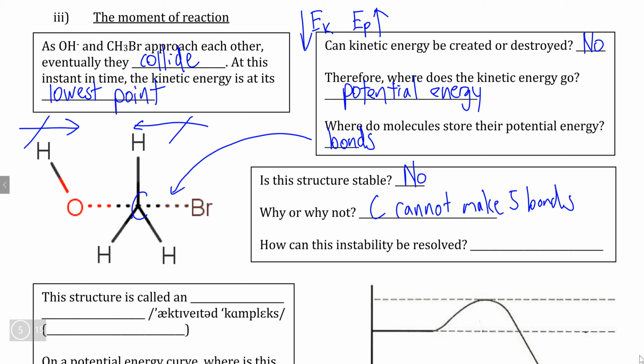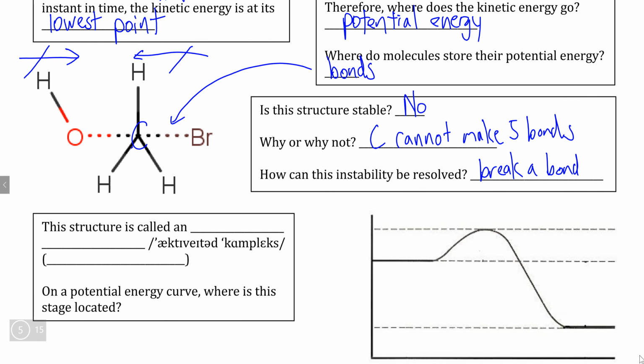Now, the only way for us to resolve this structure is for one of these two bonds here to break. Which one breaks depends on whether the reaction is successful or not. This very unstable and very temporary structure, which usually contains a central atom with more bonds than is possible to make, is what we call an activated complex.